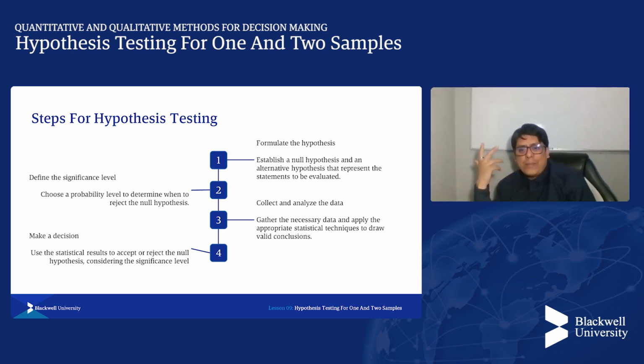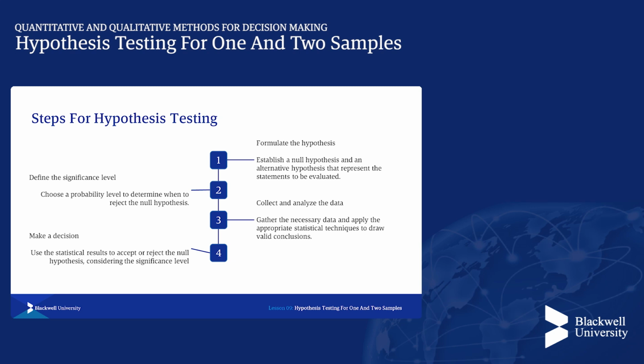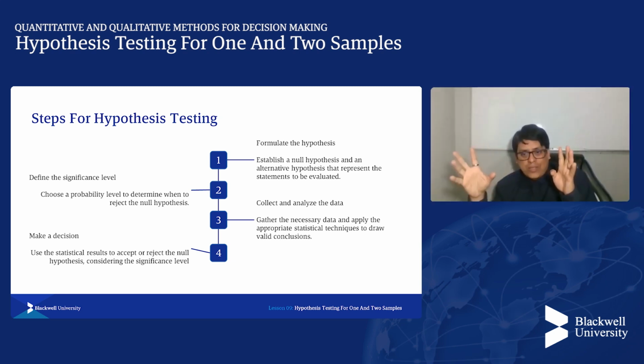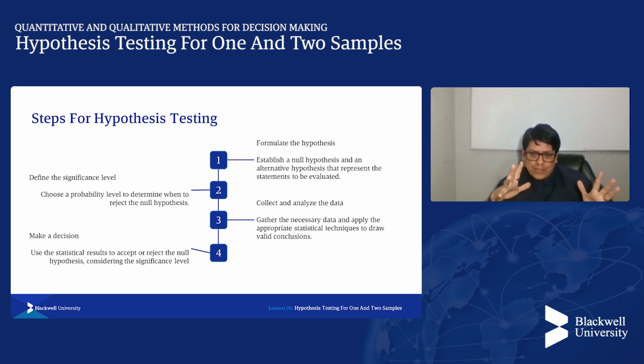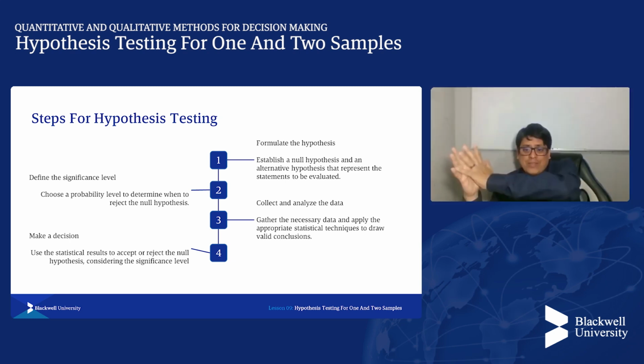So what does this imply? We are going to compare the p-value with the critical value. The critical value at a 95% confidence level is 5%, that is, 0.05. We compare the p-value with the critical value. If it is greater, we accept the null hypothesis, and if it is less, we reject it. That is the decision rule.